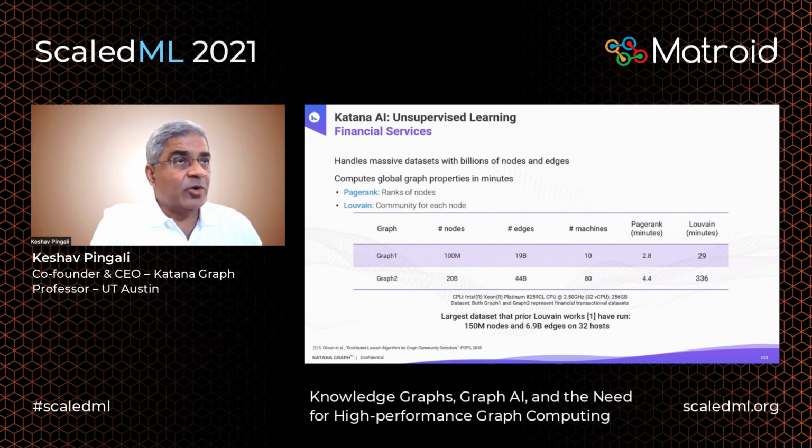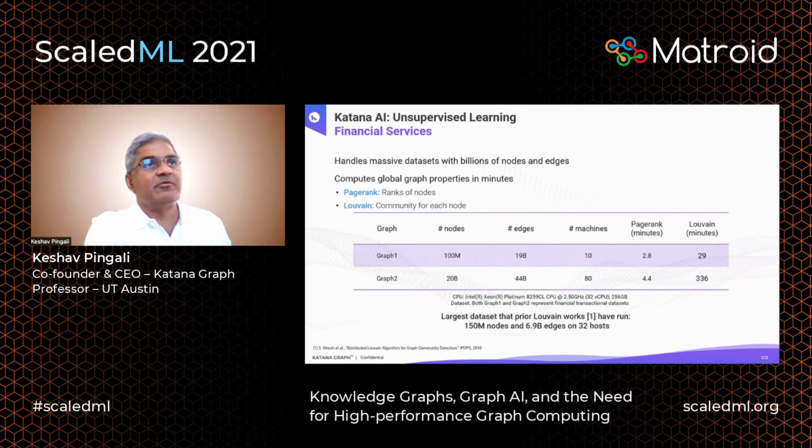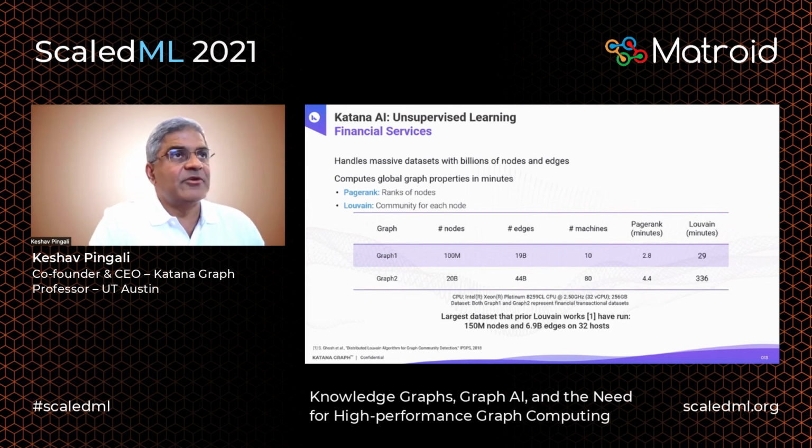In the open literature, the largest data set for which people seem to have done Louvain clustering is actually smaller than the small graph, graph 1, that we were able to deal with. This gives you an idea of some of our analytics routines and the fact that we can do this in a scale-out way on 10 machines for the first graph. For the second one, we just used 80 machines.